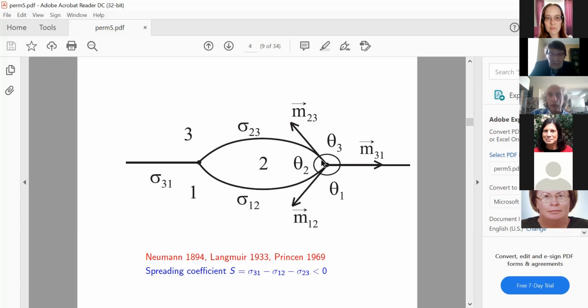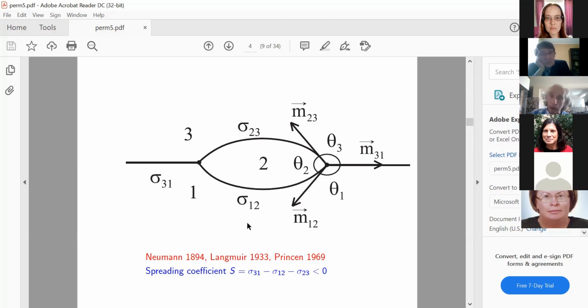One possibility is that the droplet is completely destroyed. This is the so-called wetting transition. And it becomes just a layer between two media, because in this case, energy decreases.